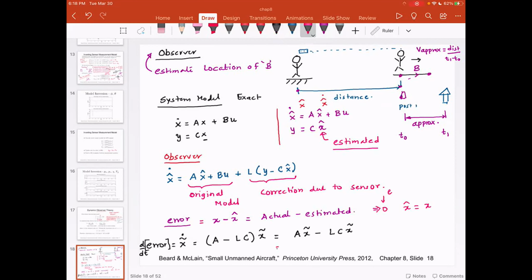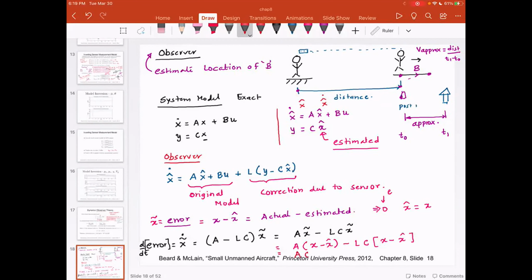And if you look at x tilde, it is nothing but A (x minus x hat) minus LC (x minus x hat). And I want to do a small change here, and this is super important. Everyone just pay attention.